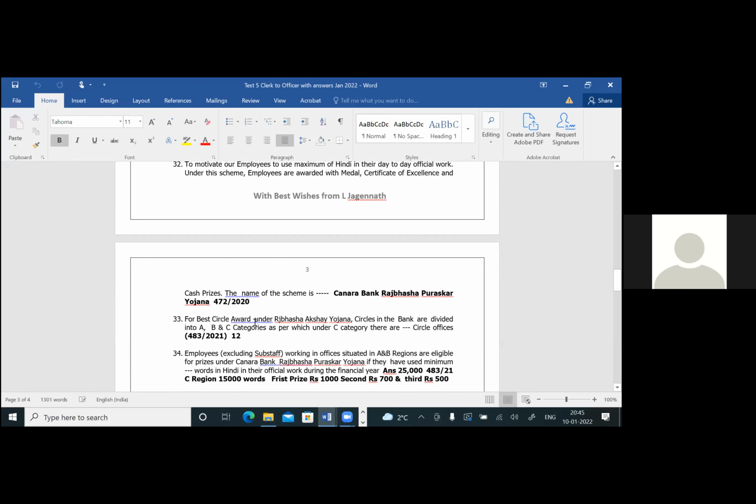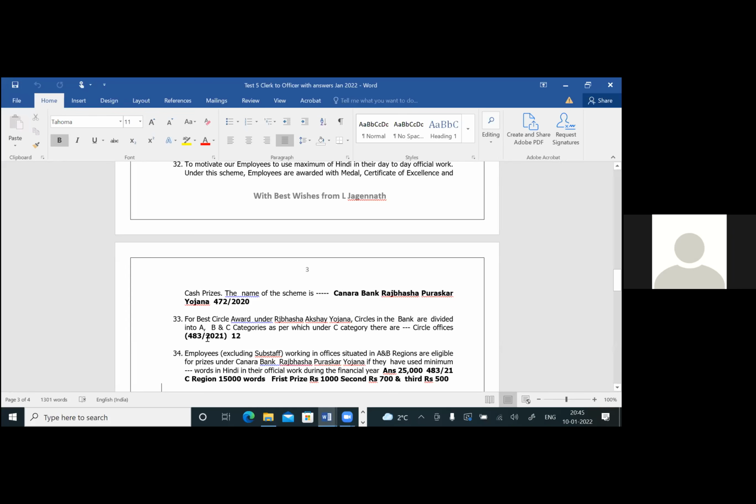Then 33. For the Best Circle Award under Canara Bank Rajbhasha Akshaya Yojana, which I told you is to motivate branches and offices, circles in the bank are divided into A, B, C regions. In the A region there are 12 circle offices, in the B region 4, and in the C region again 12 circle offices.